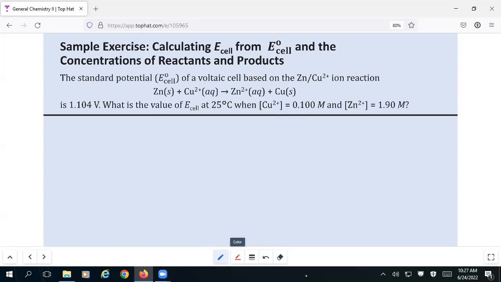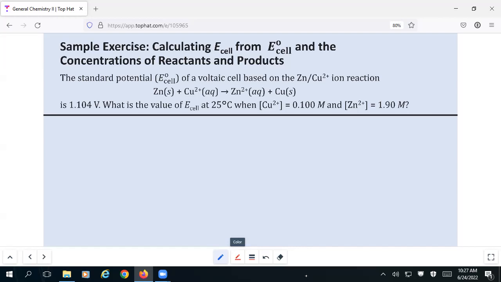All right. Here's another similar kind of problem. We actually did a version of this yesterday. What is the value of E cell at 25 Celsius when copper concentration is 0.1 molar and the zinc concentration is 1.9 molar?